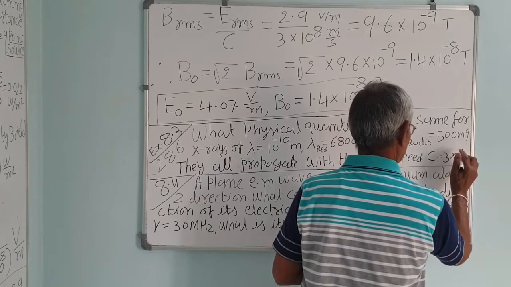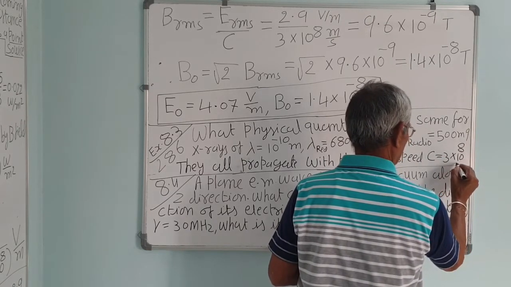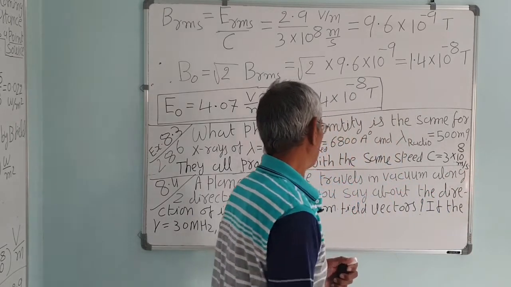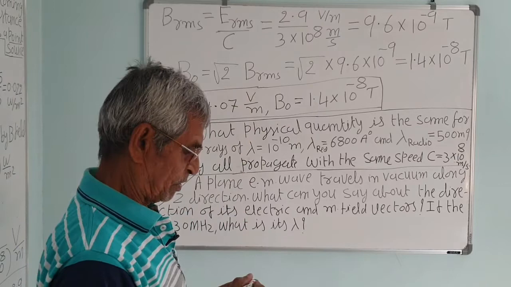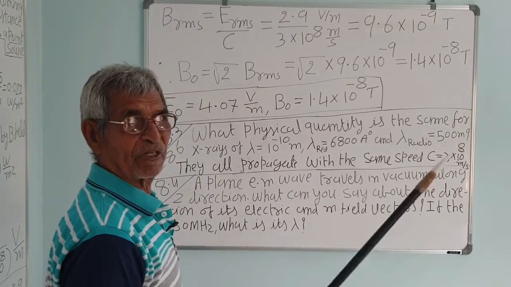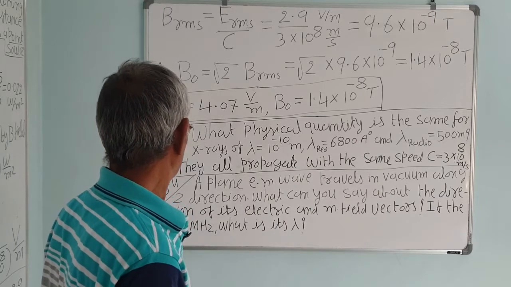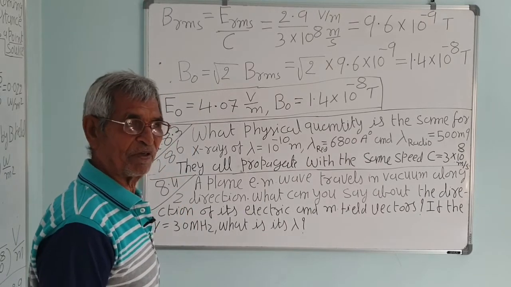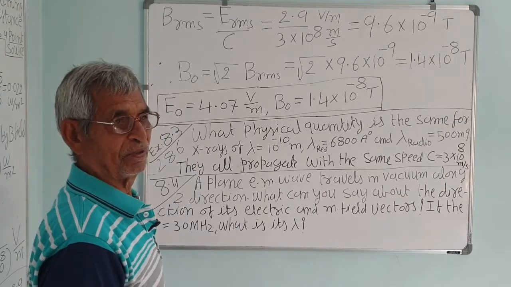What is the unit? Meter per second. They all travel with the same speed, the speed of light. All of them, even gamma rays, ultraviolet, infrared, radio waves, microwaves, FM waves, AM waves, all waves.